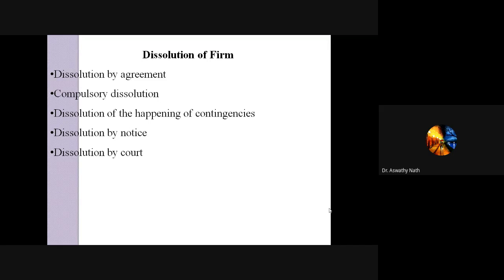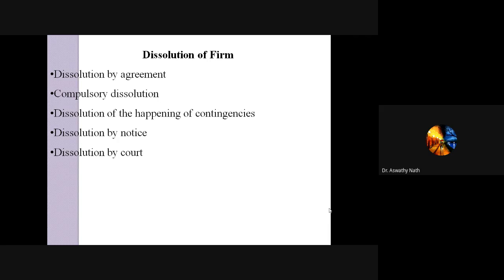There are cases where all the partners, or all except one partner, become insolvent or insane, or the business becomes illegal, or all the partners except one decide to retire, or all the partners or all except one die.